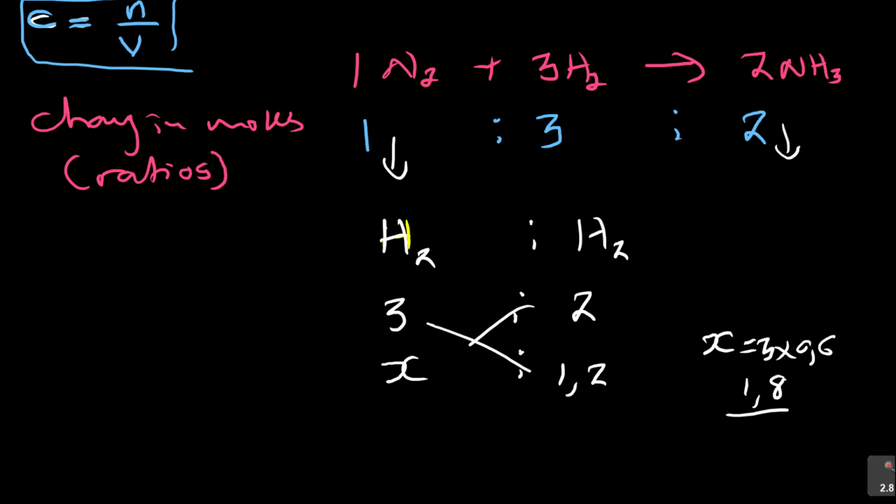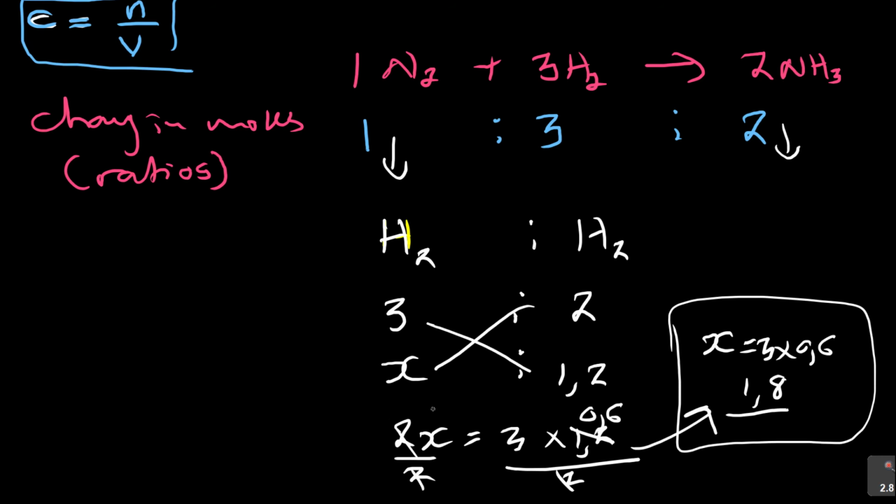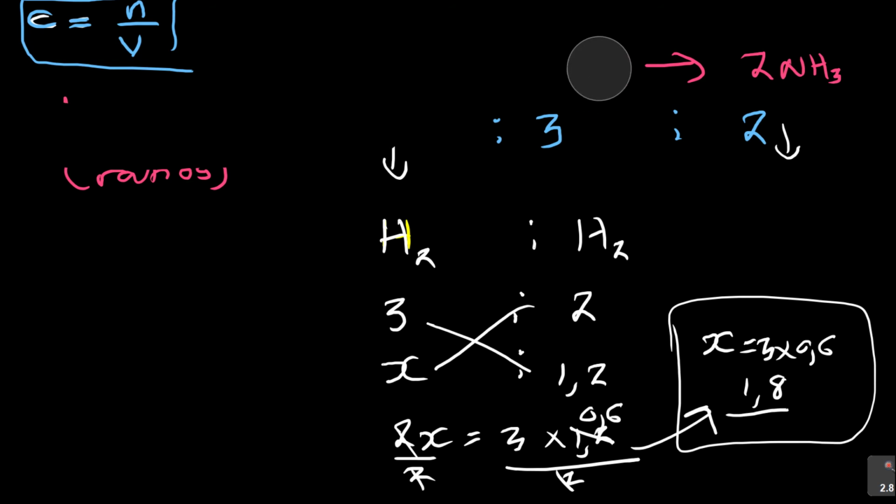You cross multiply: x times 2 is 2x, equal to 3 times 1.2. You divide by 2, and 2 into 1.2 is 0.6. Back again, 3 times 0.6 is equal to 1.8. The answer won't change. It's up to you how you're going to work on the change in moles.